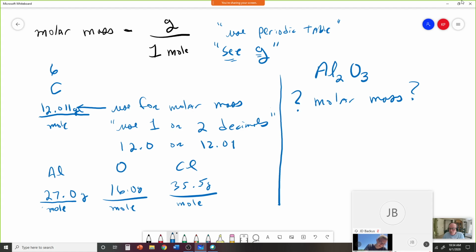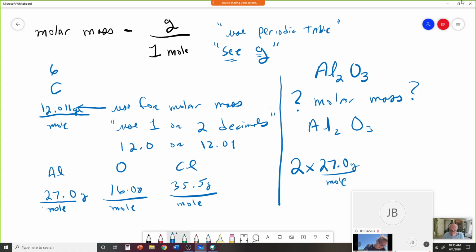What we do is we say aluminum oxide, Al2O3, so we would say 2 times 27.0 grams per mole.